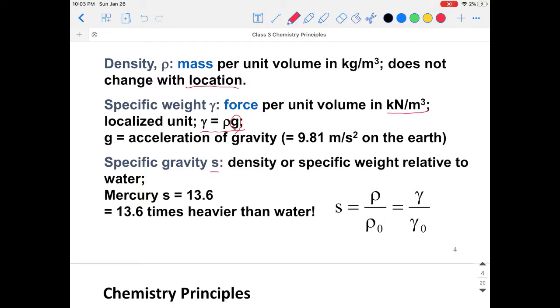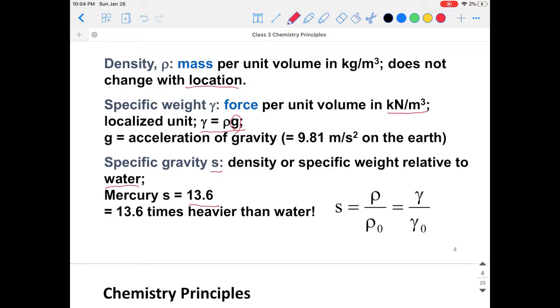There's another concept called the specific gravity. We normally use S as the symbol. That is the density or specific weight relative to water. For example, mercury has a density of 13.6 grams per centimeter cube, which is 13.6 times the water density.